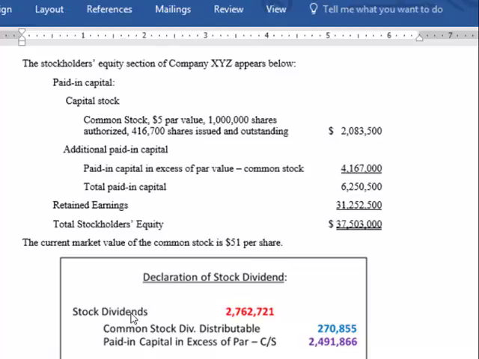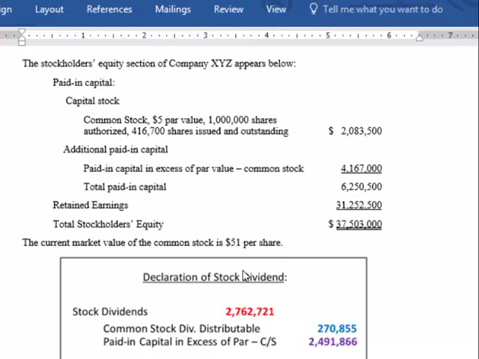So this number of new shares multiplied by the $5 par value equals this credit. Later, we'll see that when we do hand out these new shares, we're going to transfer this amount into the common stock account. And remember, the common stock account only includes the par value of shares in companies that use a par value.